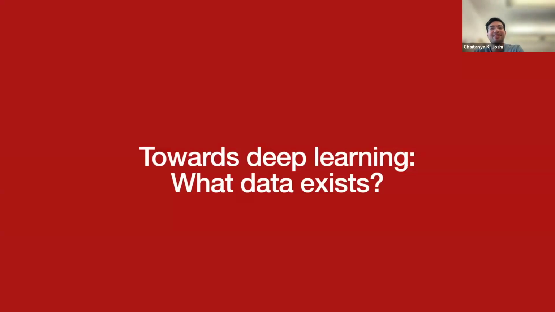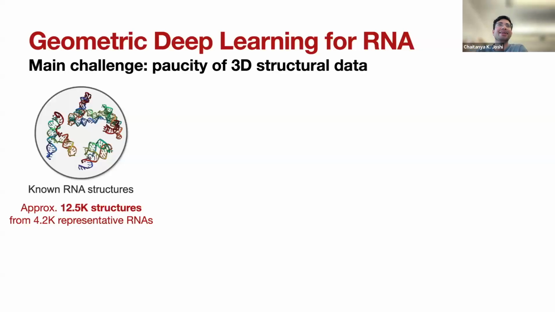So let's start thinking about deep learning. When we think about building deep learning tools, the first question is what data exists? And the answer is not that much. The main challenge really is the paucity of data. There are about 12,000 RNA structures from around 4,000 unique RNAs. So there is some amount of redundancy in this data set in the PDB.